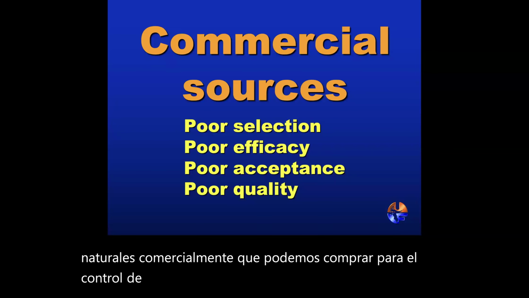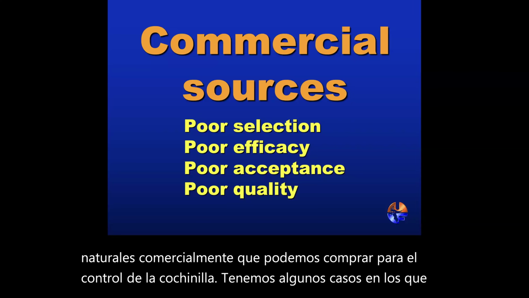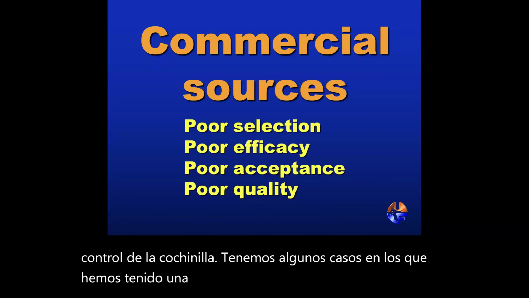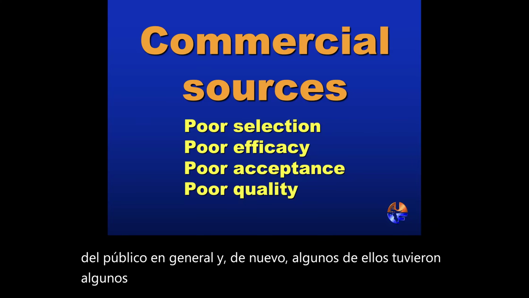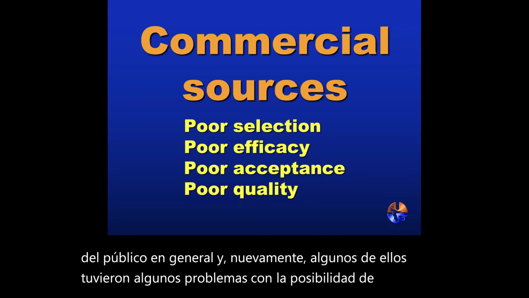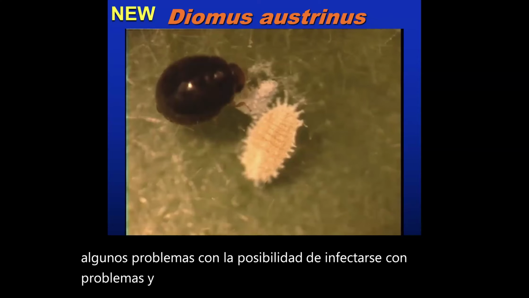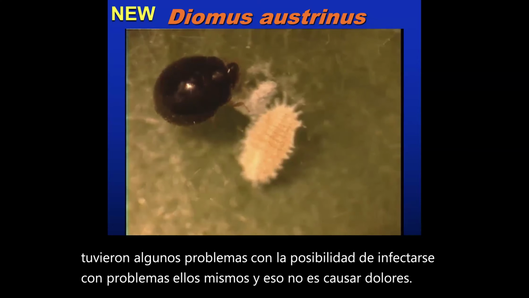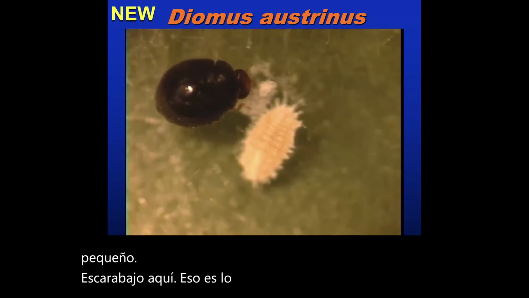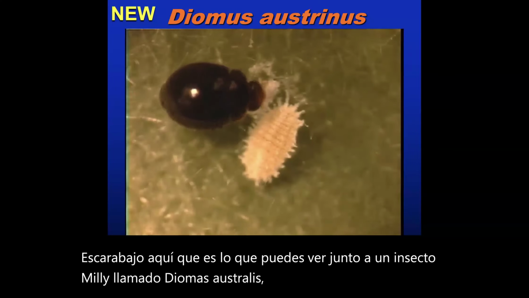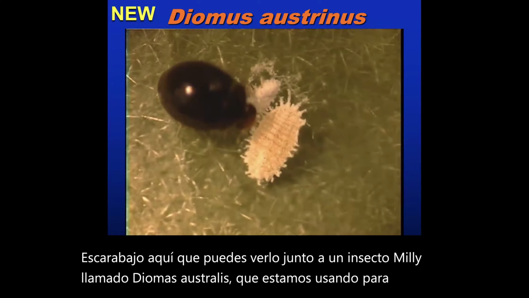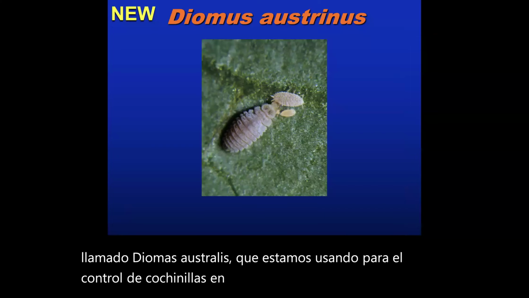We have some cases where we've had poor efficacy, poor acceptance by the general public. And again, some of them have had some issues with maybe being infected with problems themselves, and thus not laying eggs. We have this one little beetle here, you can see it next to a mealybug, called Diomus austrinus, which we're using for mealybug control in combination with parasitoids and getting very good results.